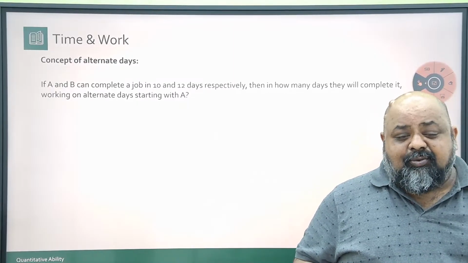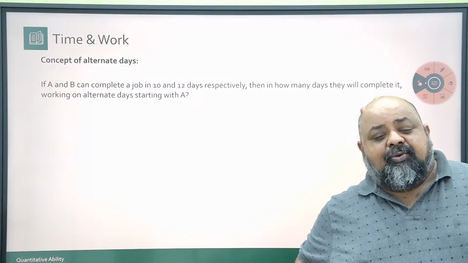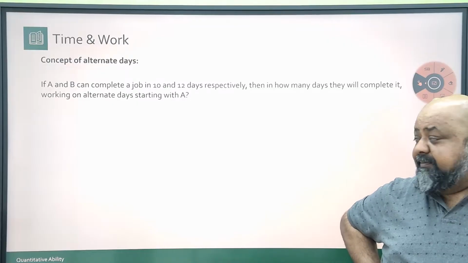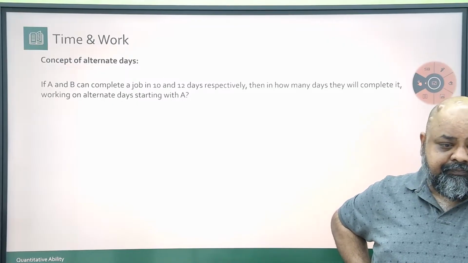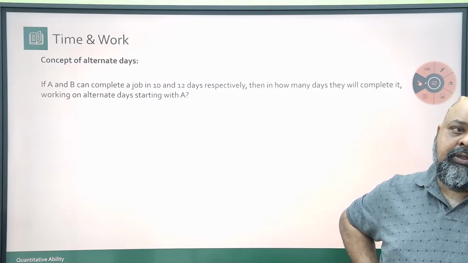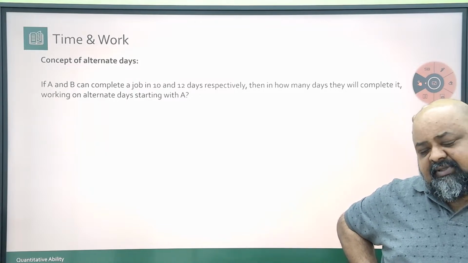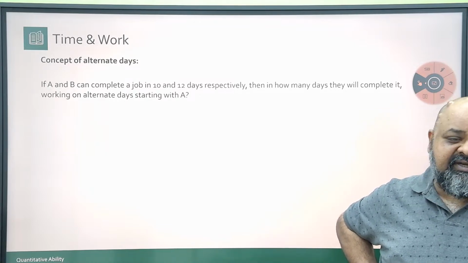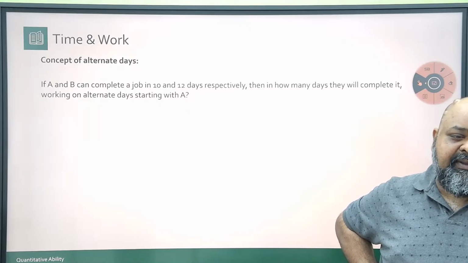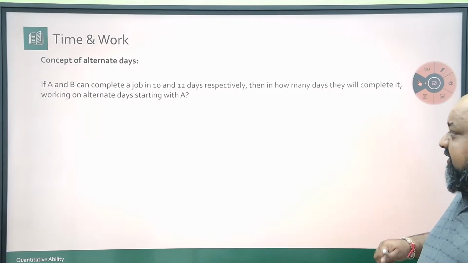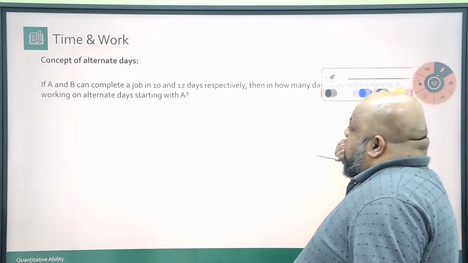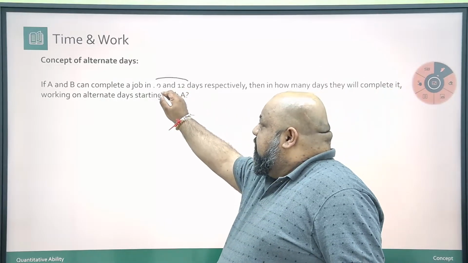What we are expected to do is simply count, nothing else really. So again, initiating our process, all the equations that we work upon are based on efficiency. So first, let me reach the efficiency of each. The days that I have are 10 and 12.